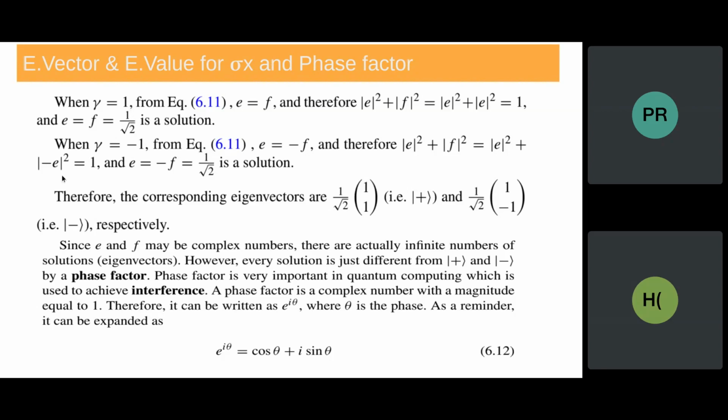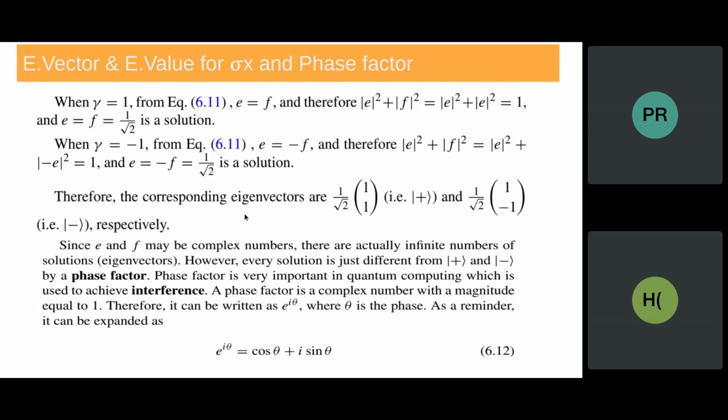For gamma equal to minus 1, we get E square minus equal to 1 and E equal to minus X equal to 1 by root 2. So the corresponding eigenvectors are 1 by root 2, 1, 1, and 1 by root 2, 1, for the case plus and case minus.